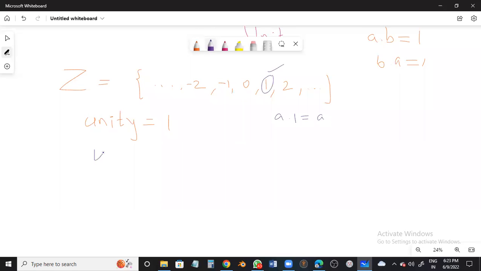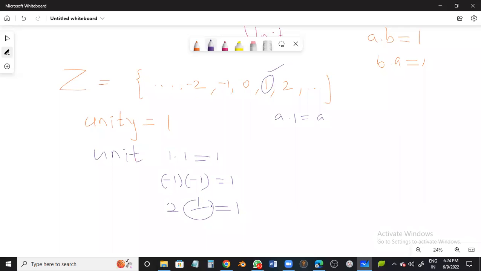Now what about unit element? Unit element means the element should be invertible. If I multiply 1 by 1, I get 1. If I multiply -1 by -1, I'm getting back 1. Now, if I multiply 2 by something so as to get 1, what is that element I should write over here?